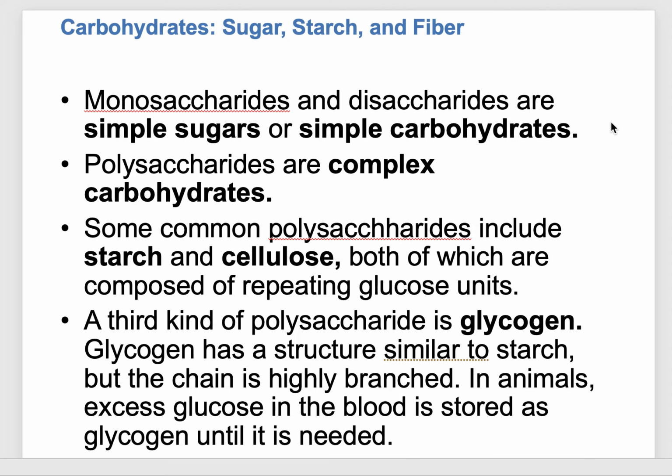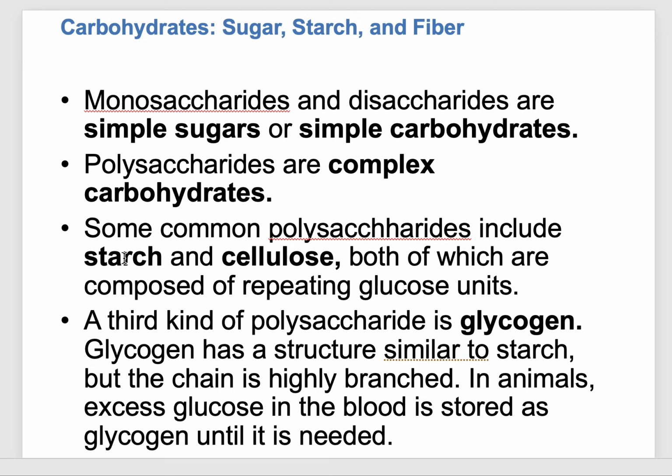And here's a summary of simple sugars like monosaccharides, like glucose. And then we got polysaccharides, that's the polymers or complex carbohydrates. Now, in terms of polysaccharides, we have two different kinds in plants: starch and cellulose, both composed of polymers of glucose.